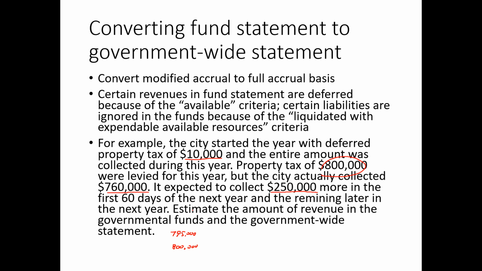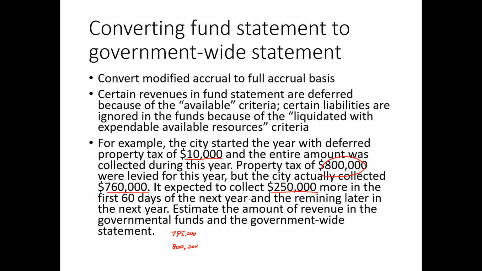So when we convert governmental funds to the government-wide statement, we're going to adjust the 10,000. We're going to remove the 10,000 from the governmental funds revenue, because the 10,000 belongs to last year's government-wide revenue.